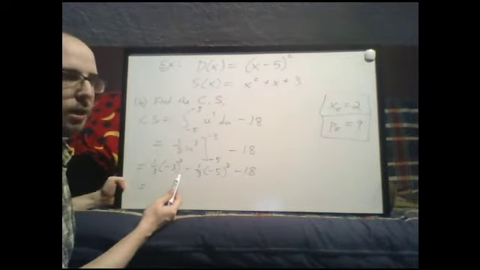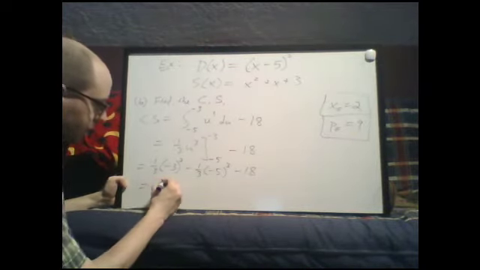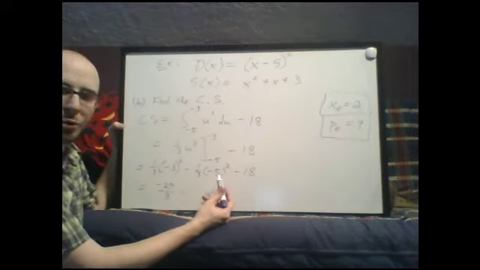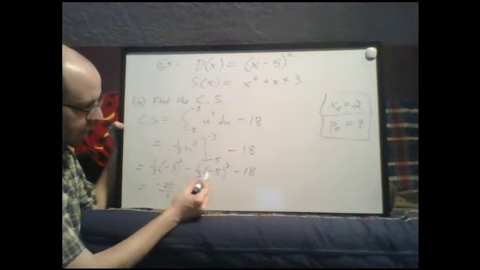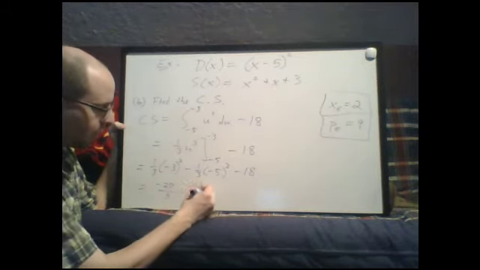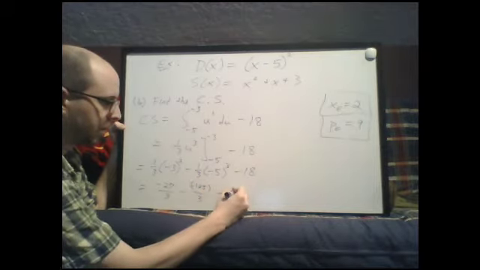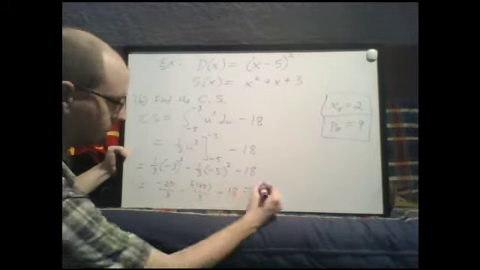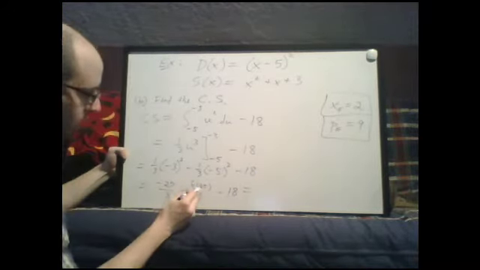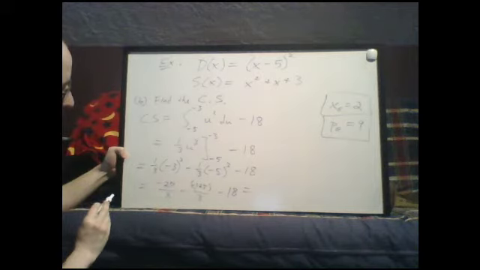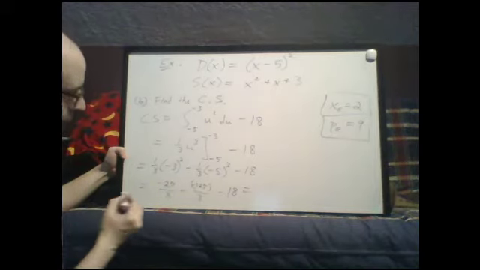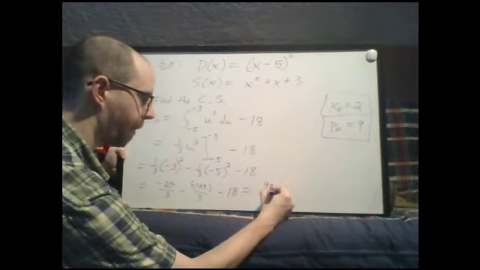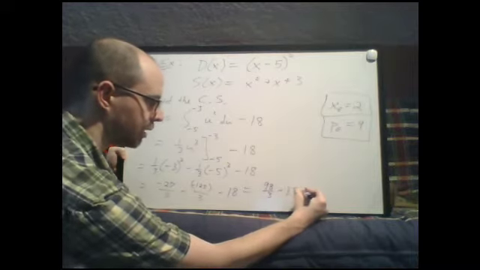-3 cubed, that is -27. So that's -27 over 3. 5 cubed is 125, so it'll be minus -125 over 3, minus 18. So that's going to be minus makes plus. 125 minus 27 is 98. Yeah, 98 over 3 minus 18.